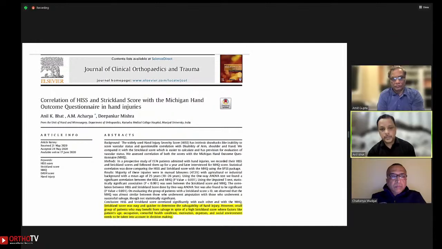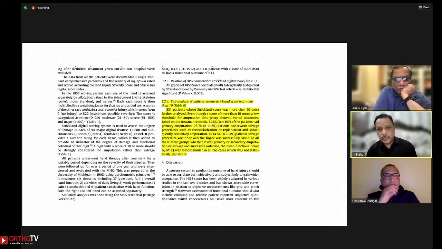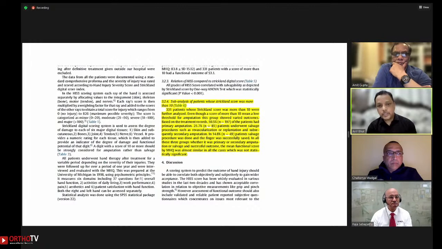Of course, we don't do it routinely, but this was done as a study. And we found that the worst score is 10, and patients who had more than 10 also survived when we did the salvage, which means even a finger with this kind of avulsion injury could survive.